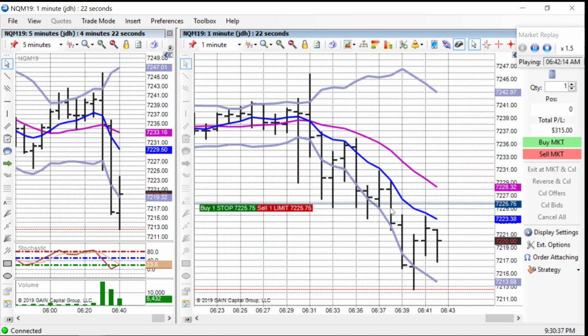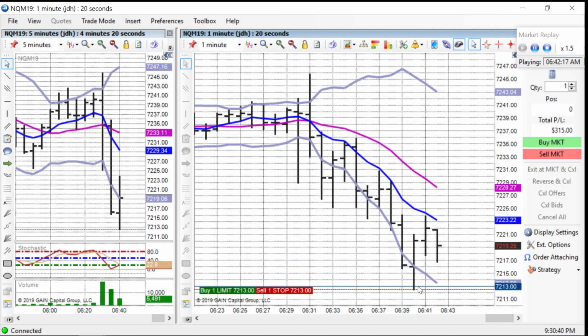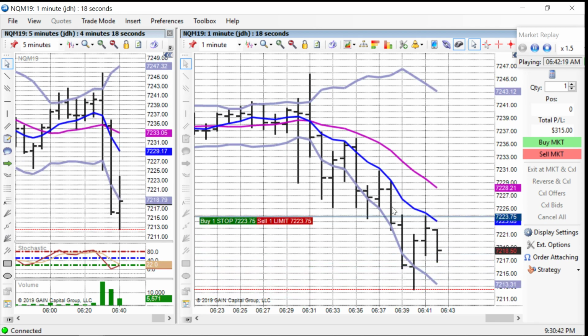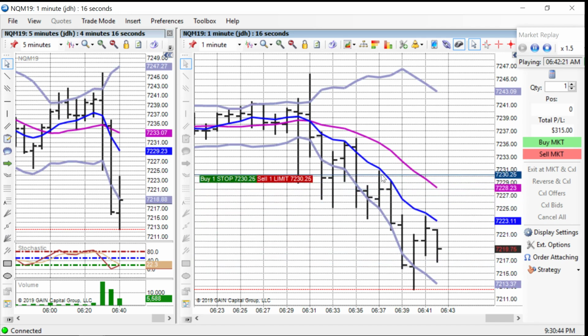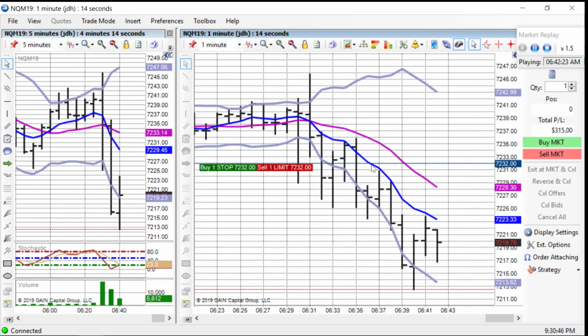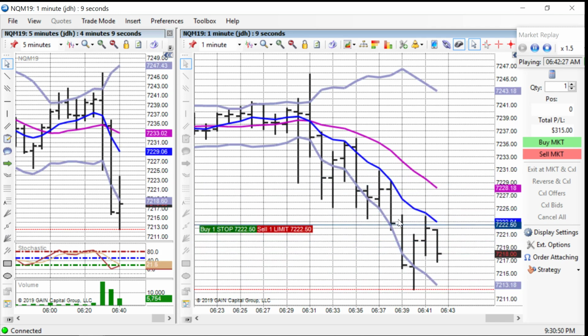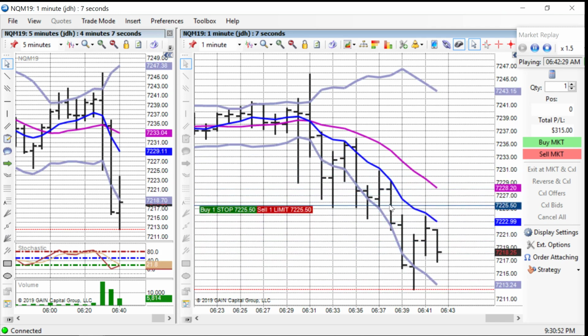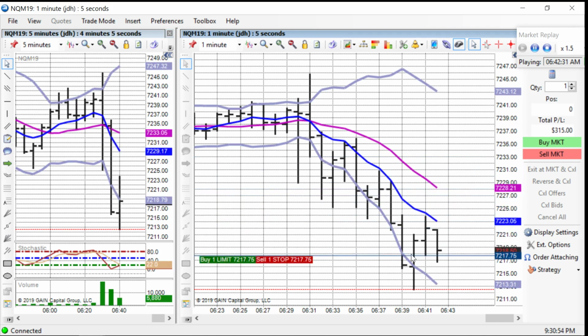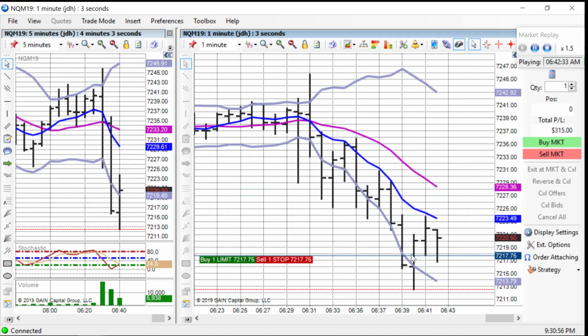This distance from here to here is longer, and the way I see this working is it's a little bit like a rubber band. It'll try to equalize and come back, and we'll get a fairly long pullback. I'll have to explain that better.